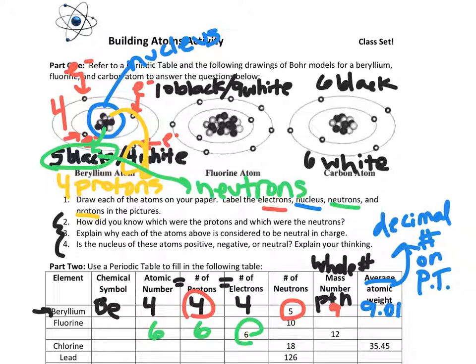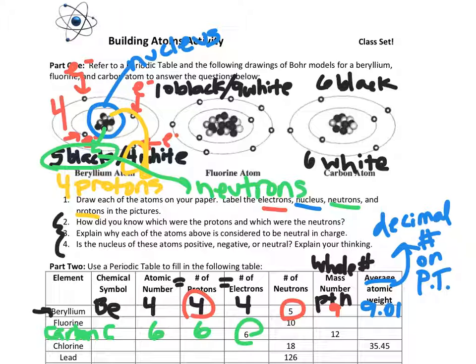And if we know the atomic number on the periodic table, we can look up the symbol. So look for number 6 on the periodic table, and you're going to see that the symbol is C, and that stands for carbon. So the element name here is carbon, chemical letter C, with 6 protons and 6 electrons.